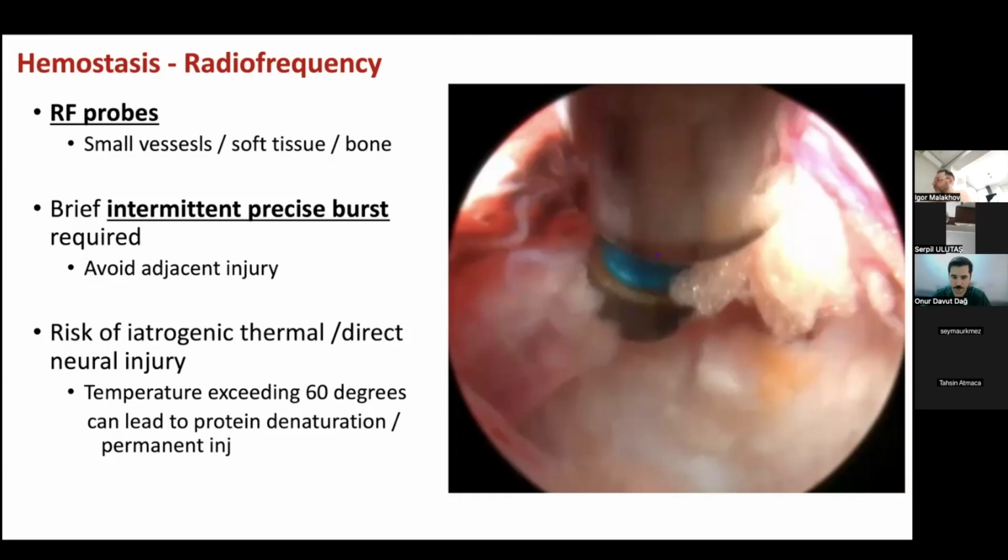Otherwise, it could end up in adjacent neural injury due to the thermal effect. It is well known that if the temperature exceeds 60 degrees, it gives you an irreversible protein denaturation injury, which means that it may end up in a permanent neural injury. Once again, it is very important to have intermittent shooting of the RF during surgery.